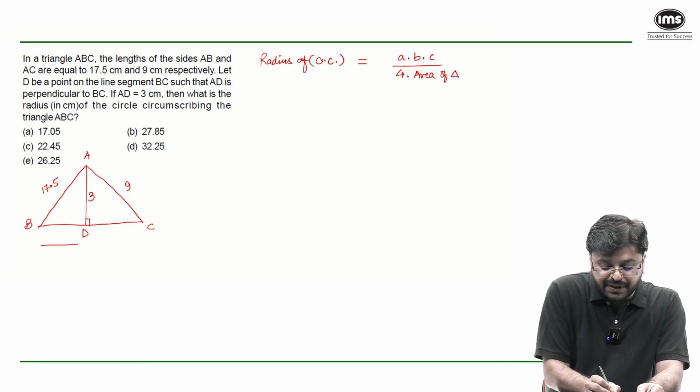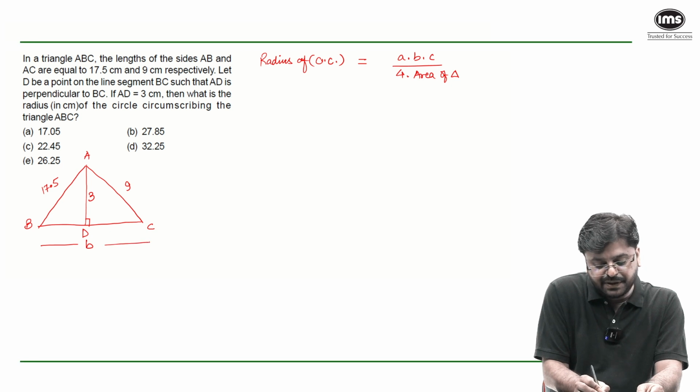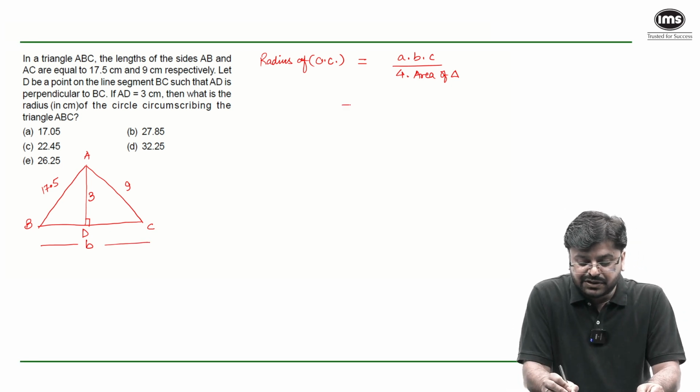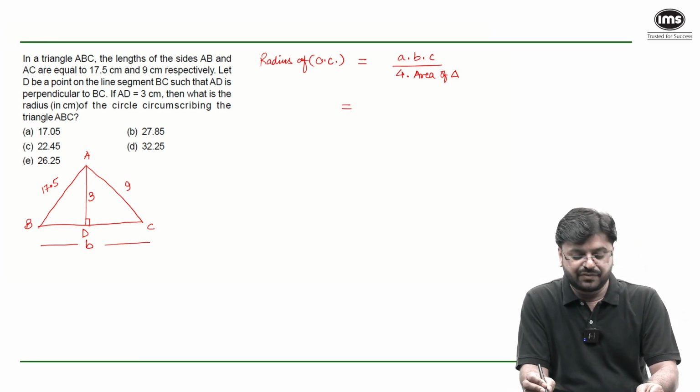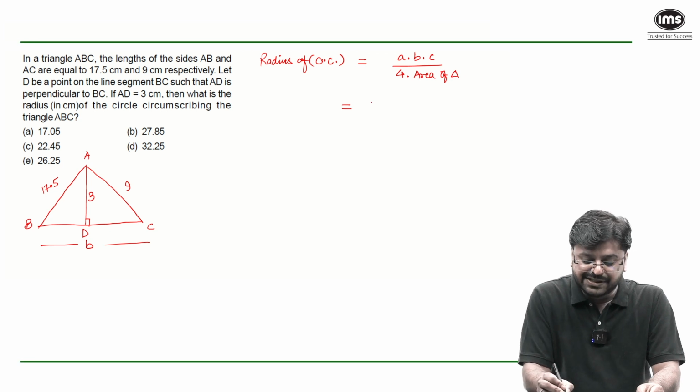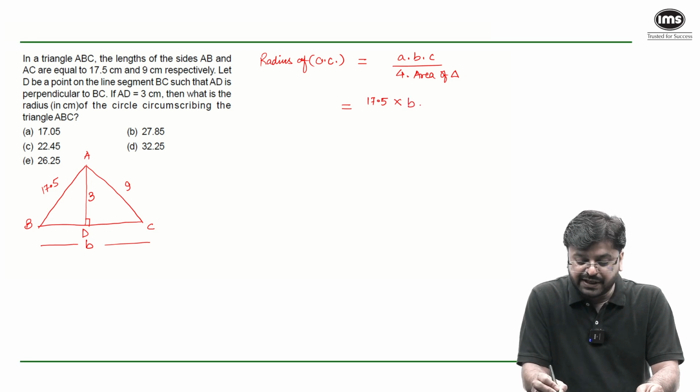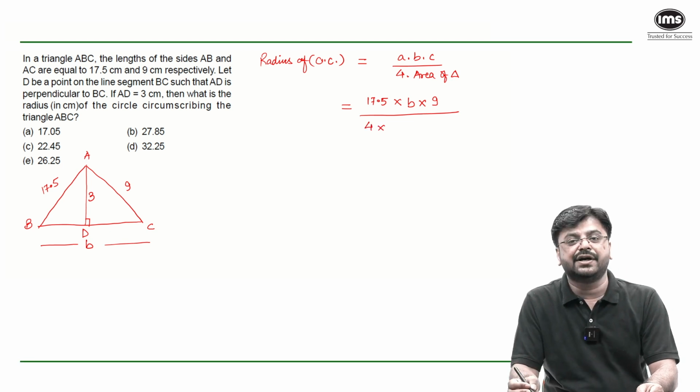Now we don't have the base here. Let's assume the base to be b. Now the 3 sides are a, b, c. So side a is 17.5, b we are taking as b, c here is 9, upon 4 times the area of triangle ABC.